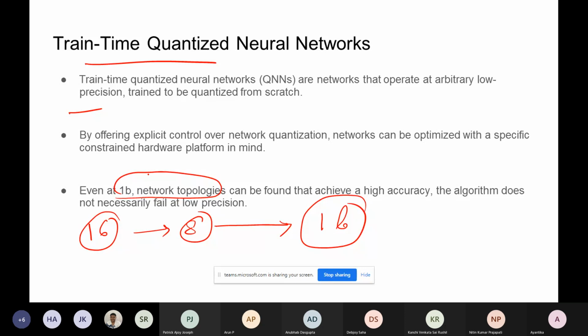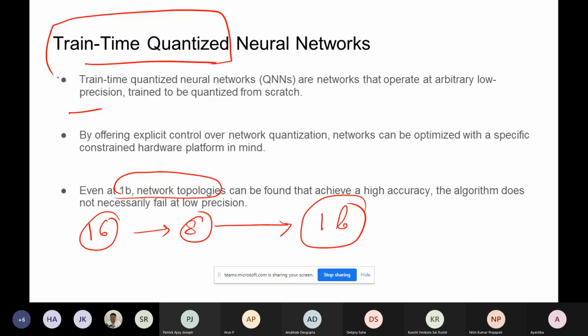That means we can also do everything in 1 bit. And what are the things we are mapping or scaling down to 1 bit, that we'll discuss, and what is the effect for that on the accuracy. But that we can only do when we are considering train-time quantization.